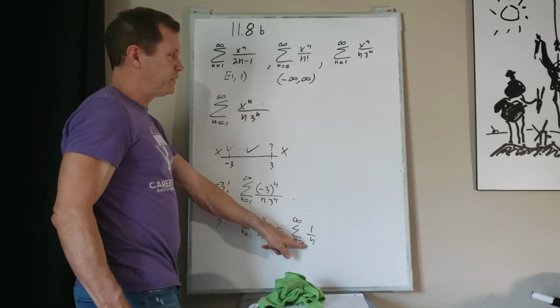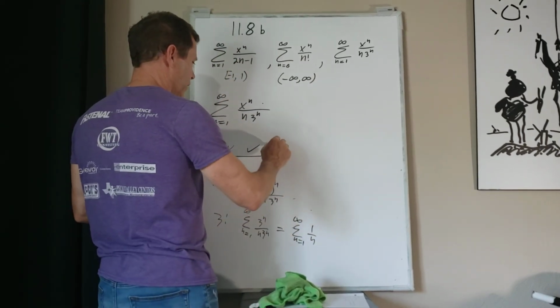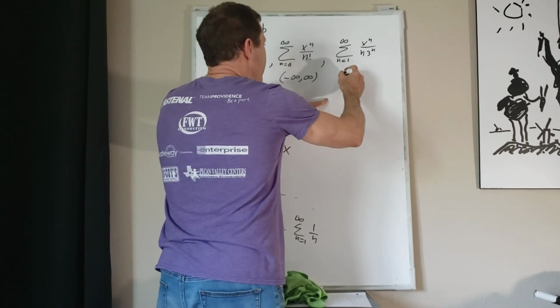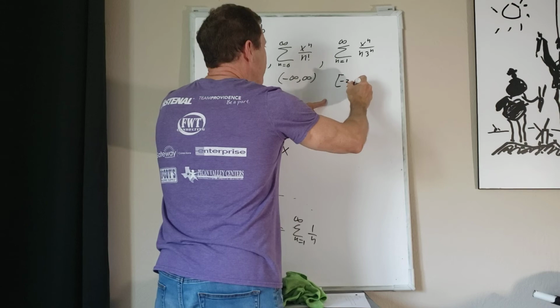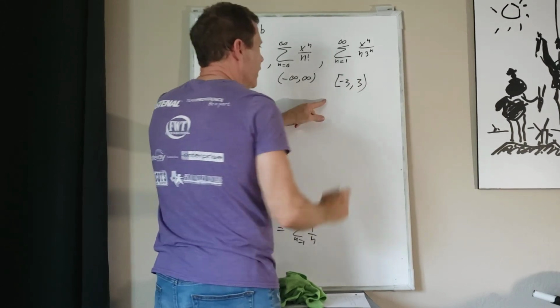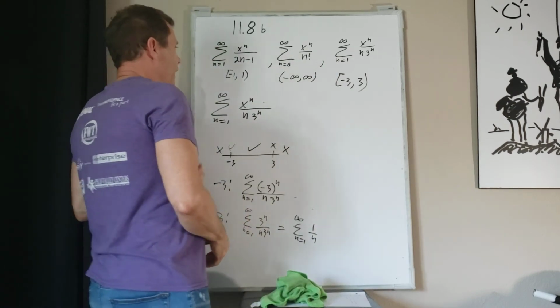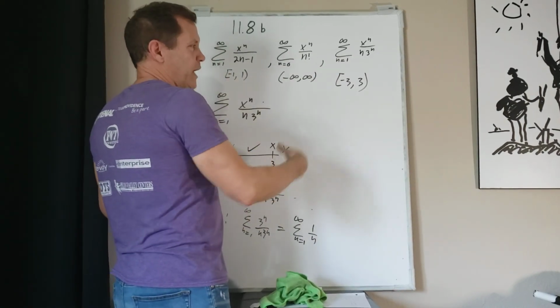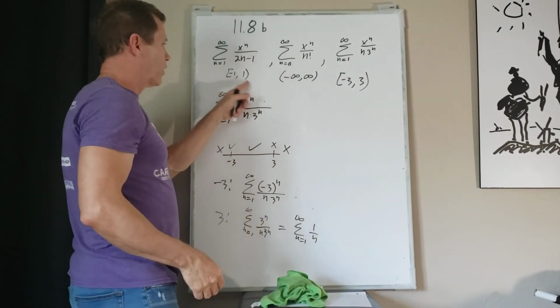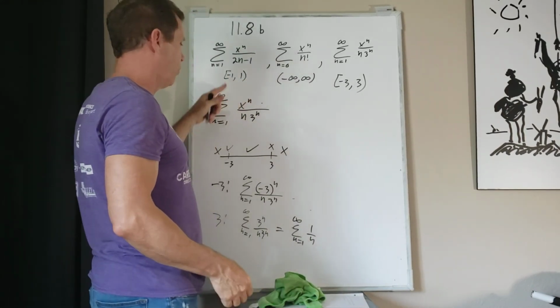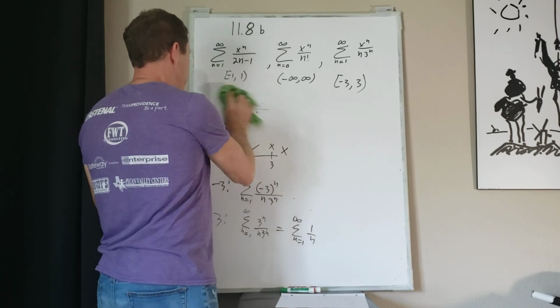That's a divergent p-series, so this guy does not work. So what's the interval of convergence for this thing? It's minus 3 to 3, not including the positive 3. Okay. And it doesn't always work on the left side and not work on the right side. Sometimes they work on both sides. Sometimes they don't work on either side. Sometimes they work on the right side and don't work on the left side.